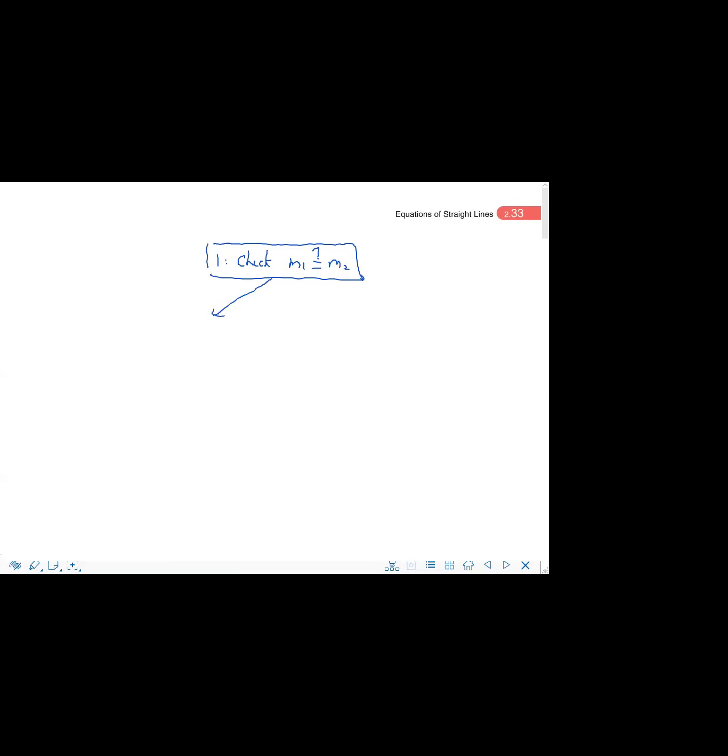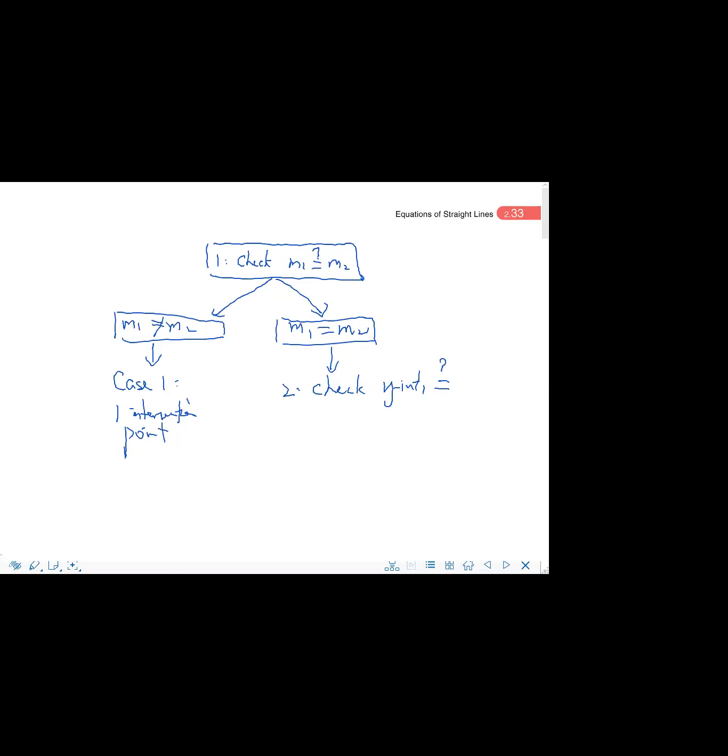If M1 is not equal to M2, then we have the conclusion that it is case 1. Case 1 means there will be one intersection point. But if M1 is equal to M2, then we need to check the second step. We need to check whether y-intercept 1 is equal to y-intercept 2 or not.